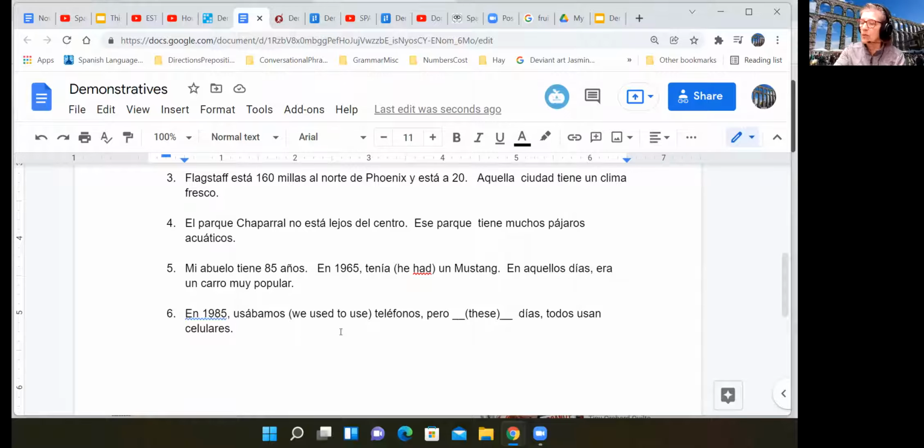En 1985 usábamos teléfonos. We used phones, a physical plug-in phone. Pero these days, estos días, todos usan celulares. Everybody uses cell phones. ¿Entienden?